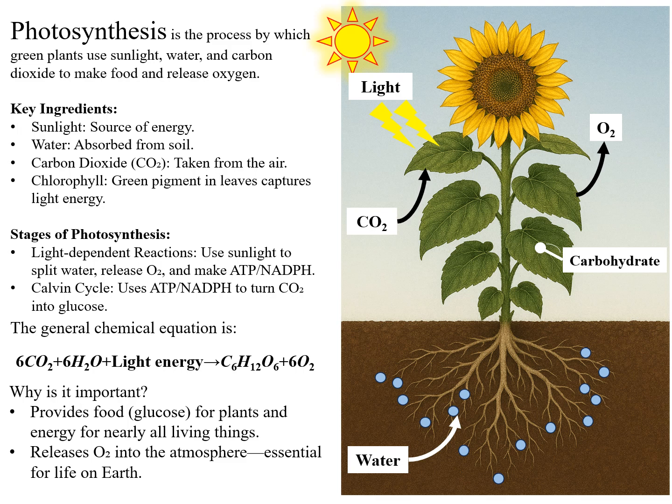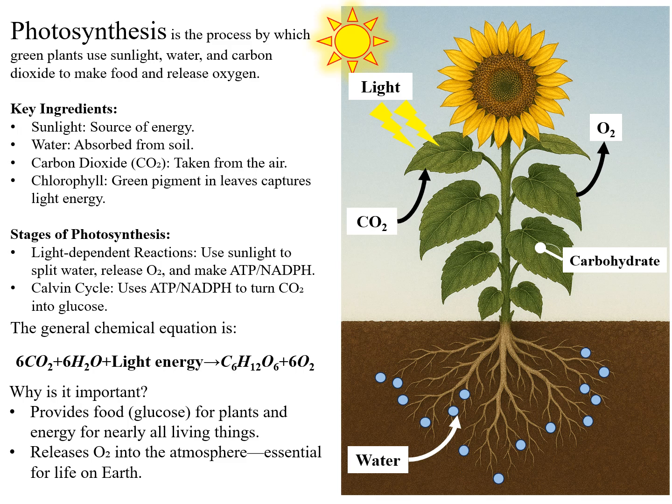So, how does this process work? During photosynthesis, chlorophyll captures sunlight and uses the energy to transform water from the soil and carbon dioxide from the air into glucose, which is a simple sugar that the plant uses as its main energy source.